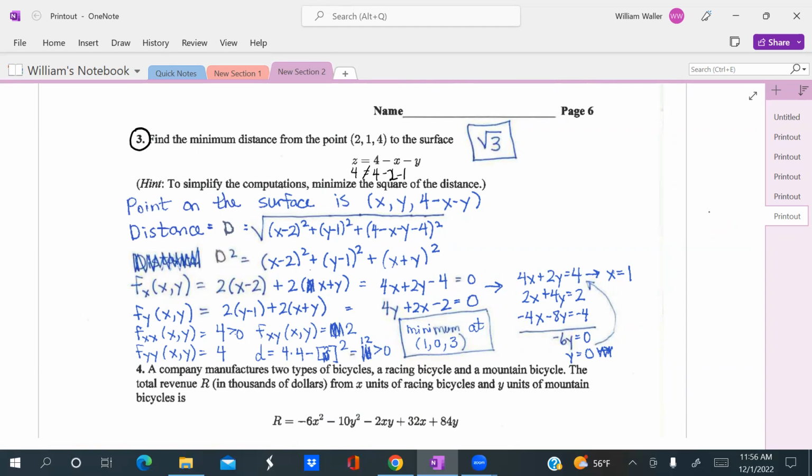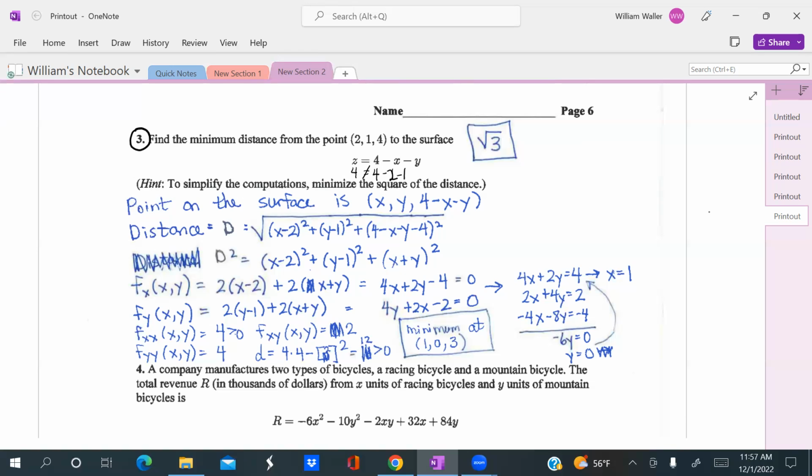So how can we find that? What we're going to do is compute the distance from this point to a point on the plane, and then we'll try to find which point on the plane gives us the minimum distance to this point. Do you understand the logic there? Here is an arbitrary point. These are the coordinates for an arbitrary point on this plane.